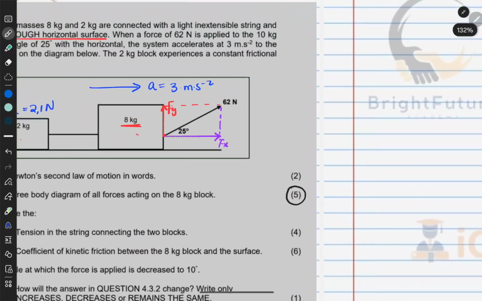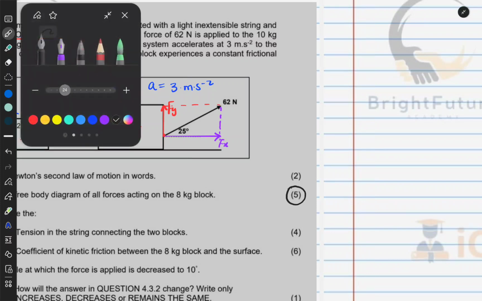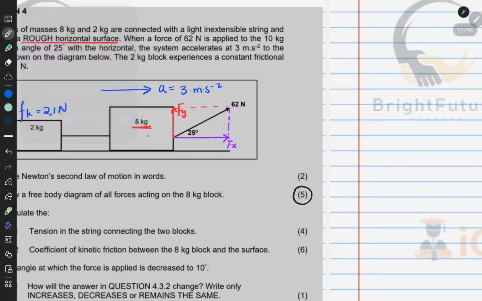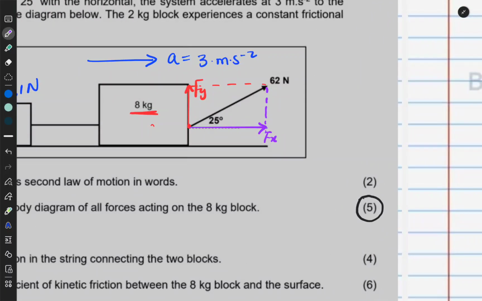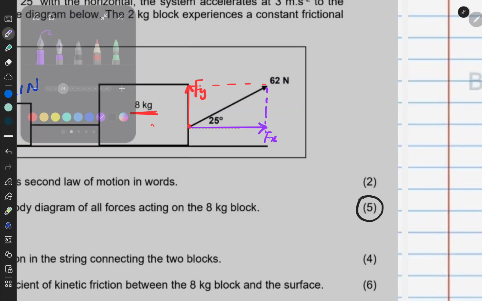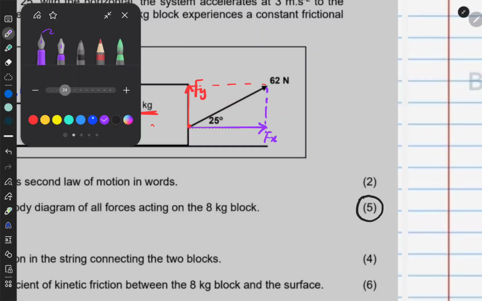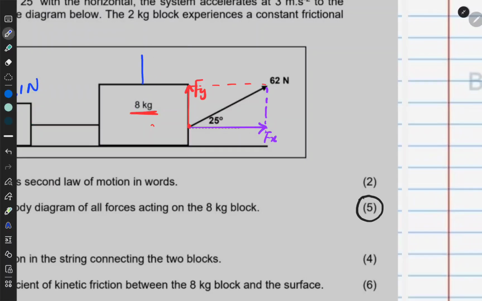Usually before you even go to drawing the free body diagram, you can annotate it from the given statement or problem. So in here, we know that we will have a normal force, then we will have mass, weight, sorry.